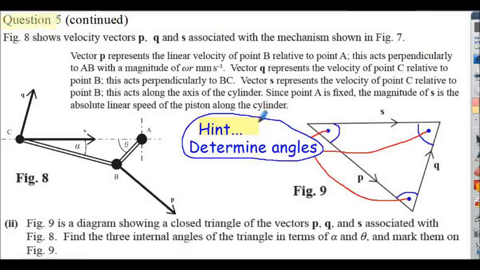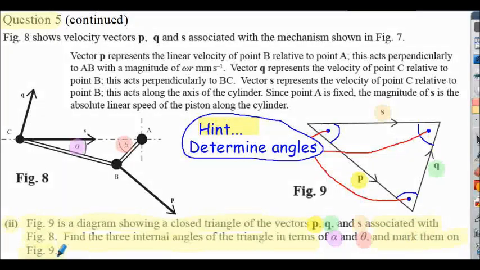Question 5, continued. So part 2, figure 9 is a diagram showing a closed triangle of vectors P, Q, and S that's associated with figure 8. We're asked to find the 3 internal angles of the triangle in terms of angle alpha and angle theta, and mark them on figure 9.